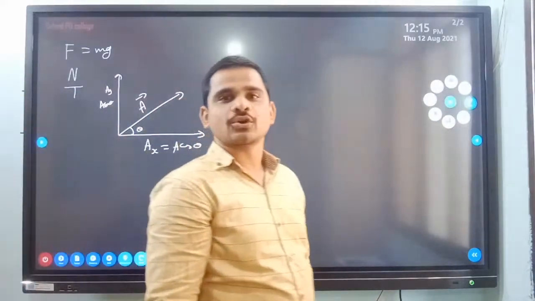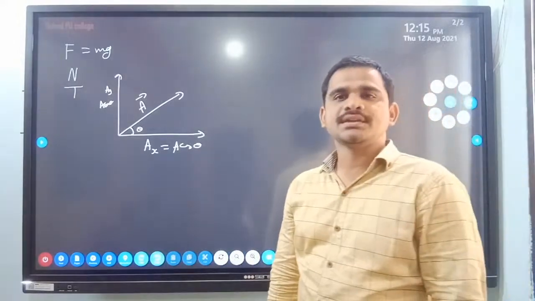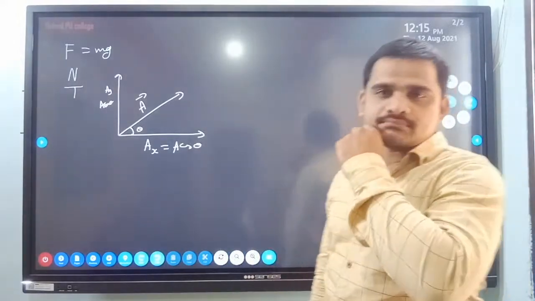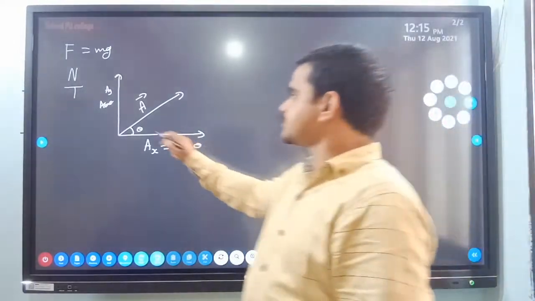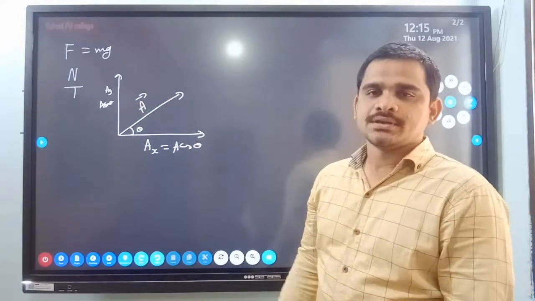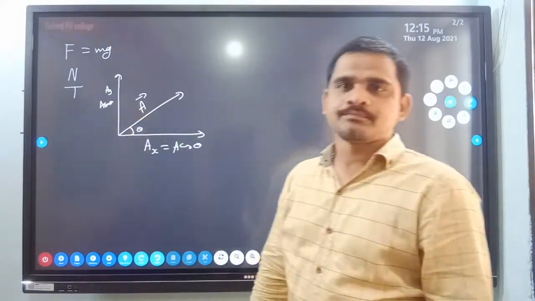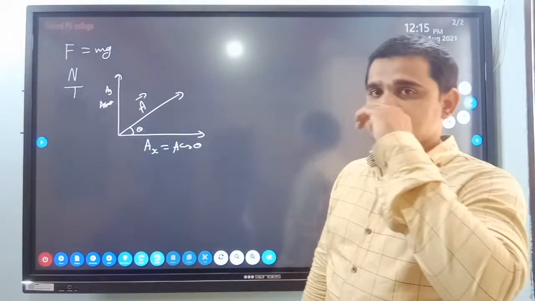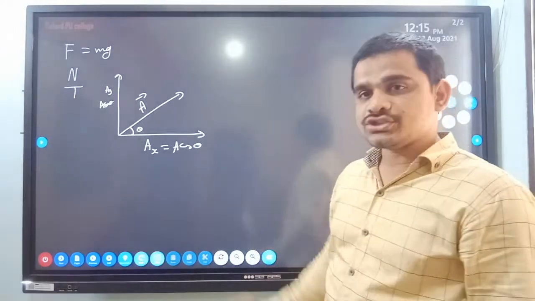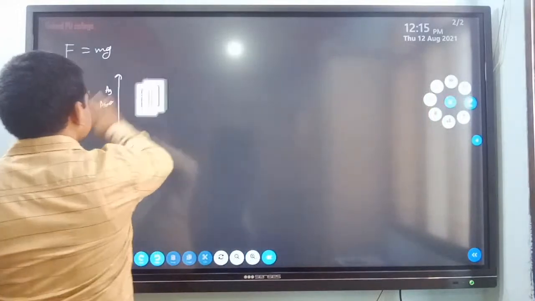Ax is equal to A cos theta, Ay is A sin theta. So a vector can be resolved into two components, A cos theta and A sin theta. This is also useful for us now.